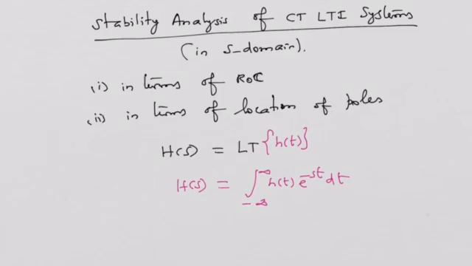When it is supposed to be a stable system, how it should be, and in terms of location of poles, especially to understand the stability of a causal system.